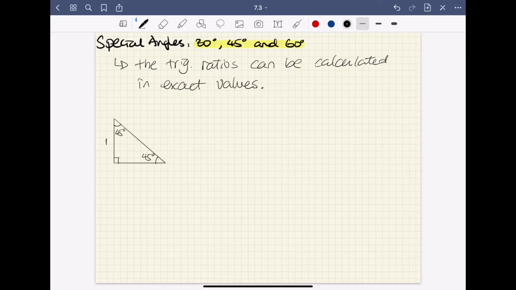So why don't we just make the two equal sides equal to 1, because 1 is always the easiest to calculate. Okay, so if these two sides are equal to 1, then what is the hypotenuse equal to? The hypotenuse is equal to the square root of 1 squared plus 1 squared, which is 1 plus 1, so the square root of 2. Okay, and let's calculate the three trig ratios for this angle.